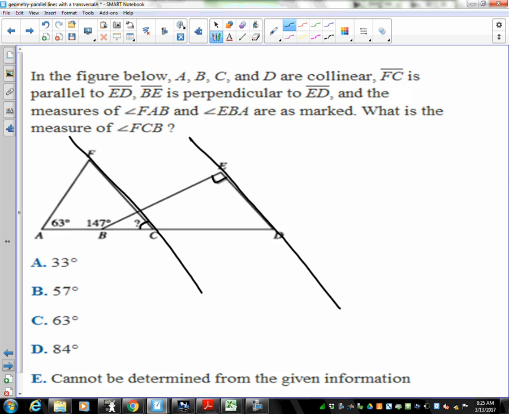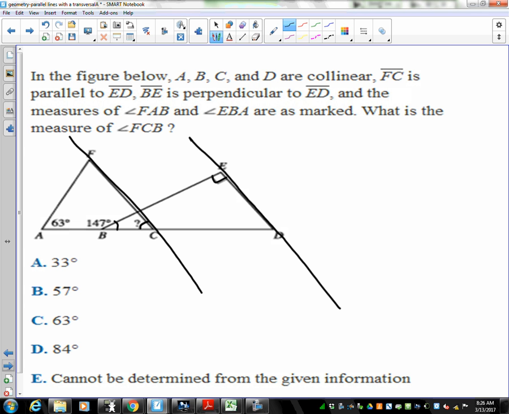So I'm just going to find some angles here, and sooner or later we're going to find that angle that's missing. Now I'm going to find some easy stuff first, starting right there. 147 and that angle that I just marked form a linear pair, so those are supplementary.